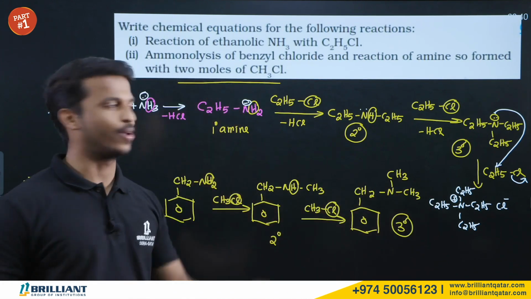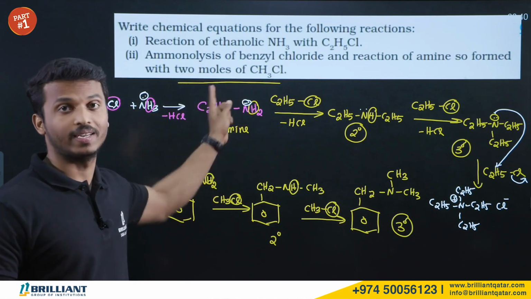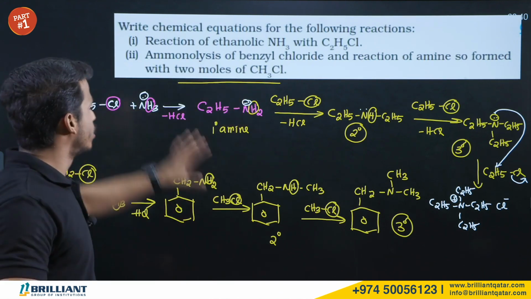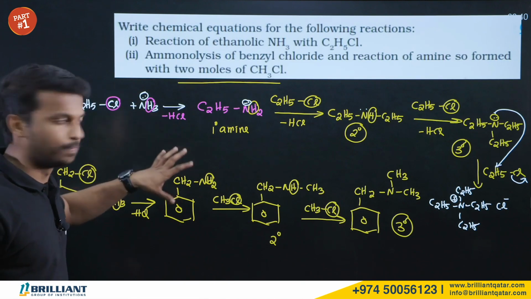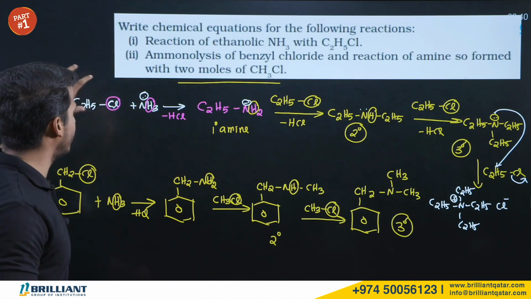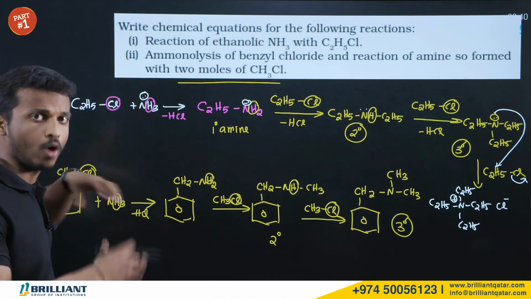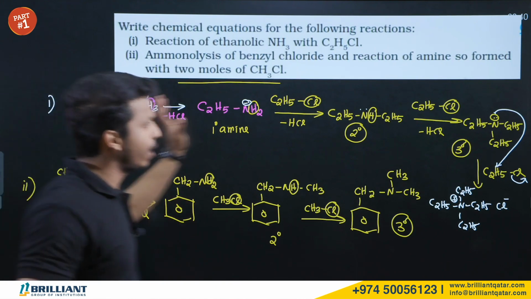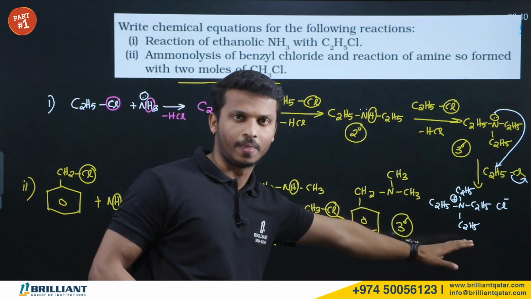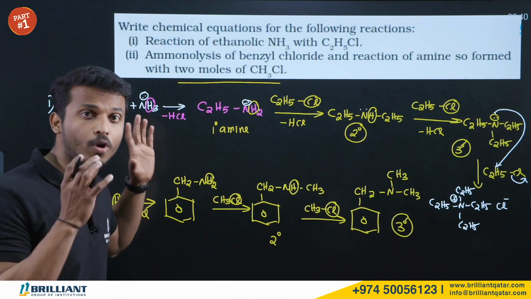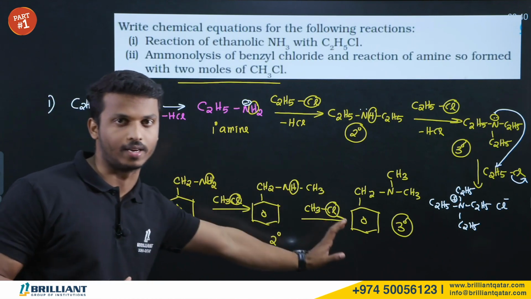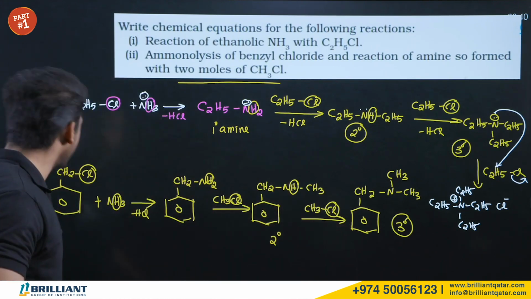But we can't write that because they specified the amount of CH3Cl. Clear everyone? So during ammonolysis, if they didn't specify the amount of alkyl halide, you can carry out the reaction up to quaternary. But if they specified the number of alkyl halide, you should stop with that. Clear all of you? Next question.